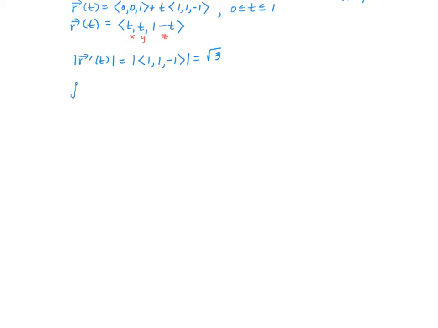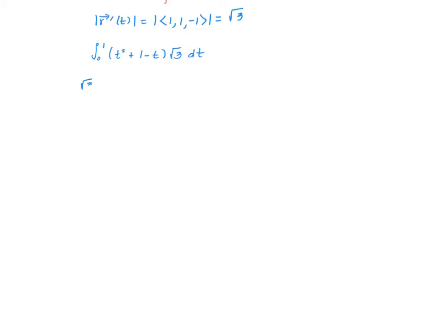Now my integral is going to go from 0 to 1. x is the first component, t. So this is t times y, which is also t. So this would be t squared, plus z, which is 1 minus t, times the square root of 3 dt. Again, I'm going to pull that square root of 3 out. And then look at the integral of t squared plus 1 minus t dt.